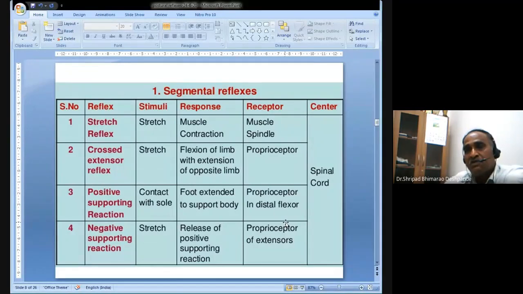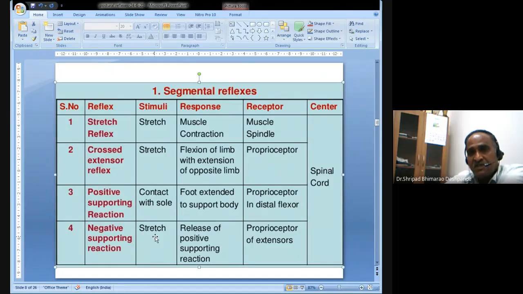Because of the proprioceptors, the 1 beta touch receptors and the pacinian corpuscles, signals are carried to the distal muscles and produce a rigid stance. This is because of the extensor, since the proprioceptors are present in the flexor here, and that will provide the extensor muscle activity.